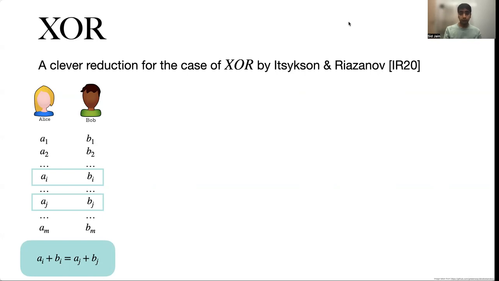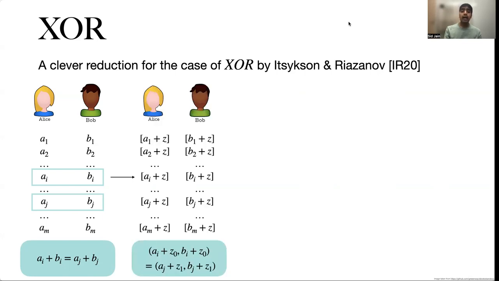So the reduction works as follows. In the reduction, Alice and Bob both map their inputs, each element in the list, to an ordered list. And what I mean here by plus C in square brackets is that we just add every possible binary string lexicographically to the element in the list.